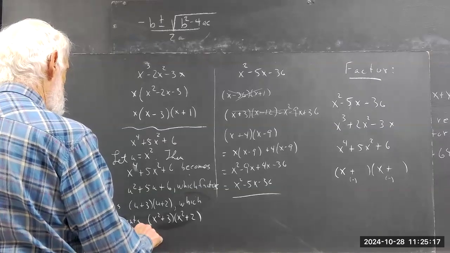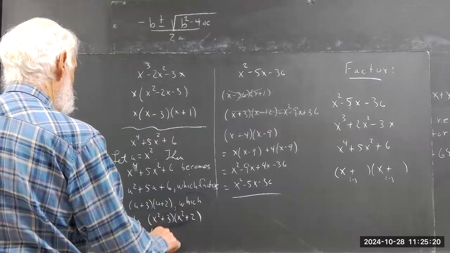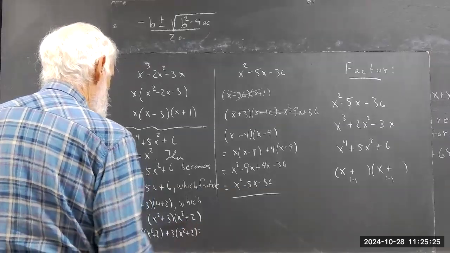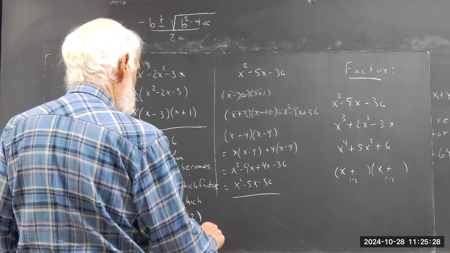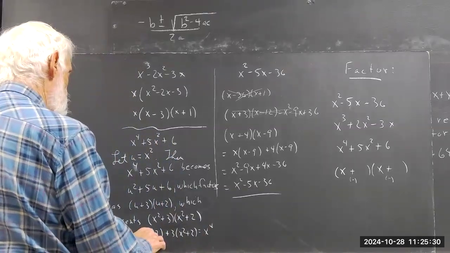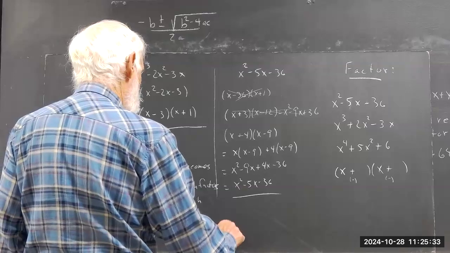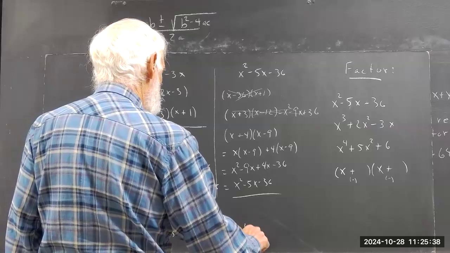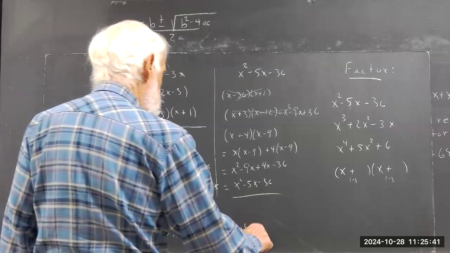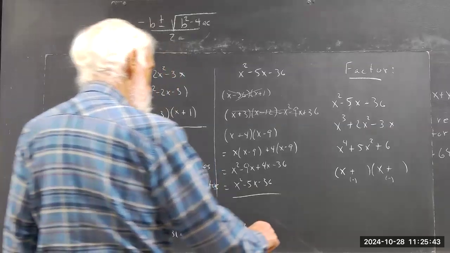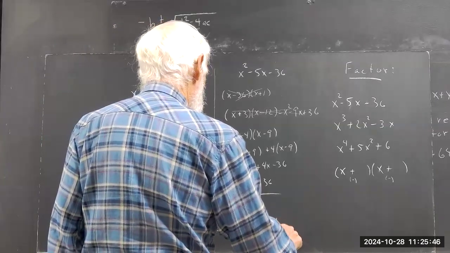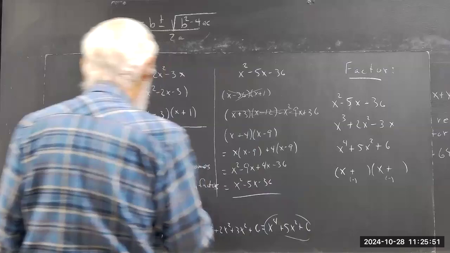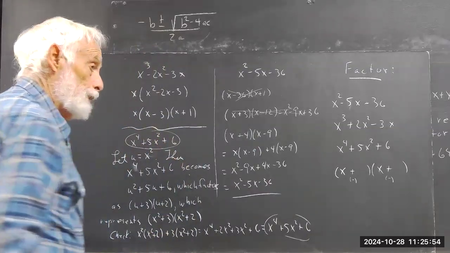You get x squared times x squared plus 2, plus 3 times x squared plus 2, equals x squared times x squared is x to the fourth. x squared times 2 is 2x squared. 3 times x squared is 3x squared. And 3 times 2 is 6. And this equals x to the fourth plus 5x squared plus 6. And look at that, there it is.